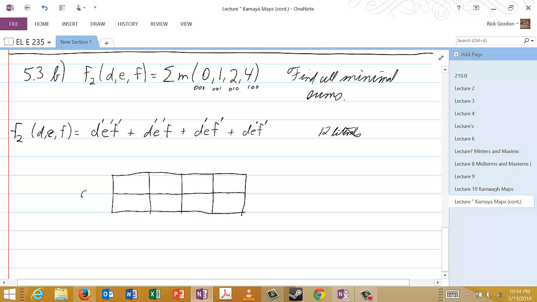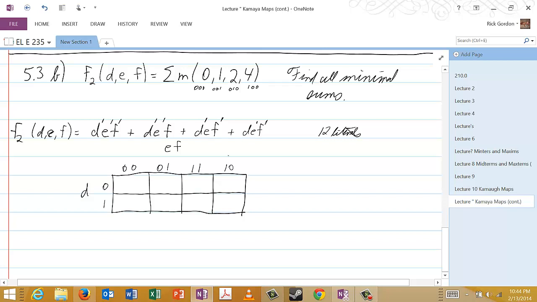The first variable is D, so we'll put that on the vertical axis. E and F are the second and third variables, so we'll put those on the horizontal axis. We'll use our usual way of numbering the Karnaugh map.